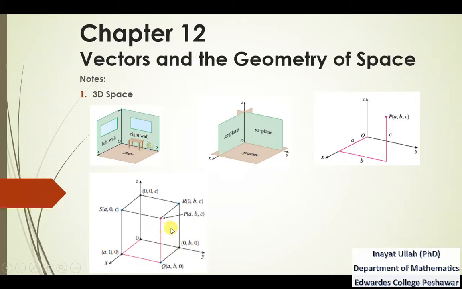Similarly, we see that along x-axis distance a has been taken. You see here distance a.